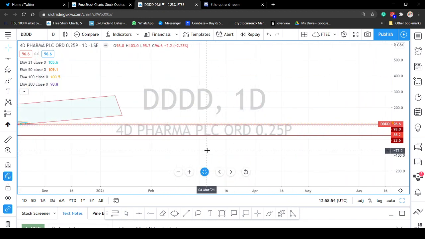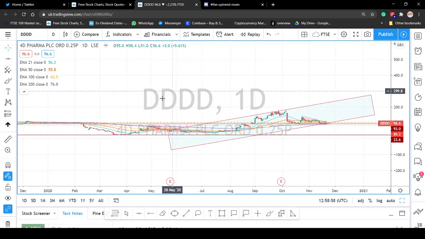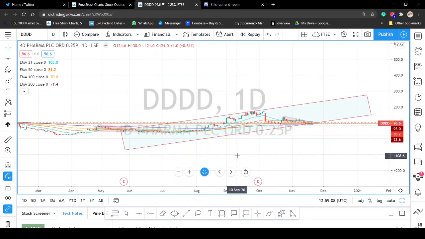Now, if we zoom in to more local action with this stock, we can see that price has found strong support at the all-time low and then started consolidating. What we're trying to do as chartists is we're always trying to figure out what the markets are up to, what the market makers are doing, how they are moving price. So we have to try and visualize structures.